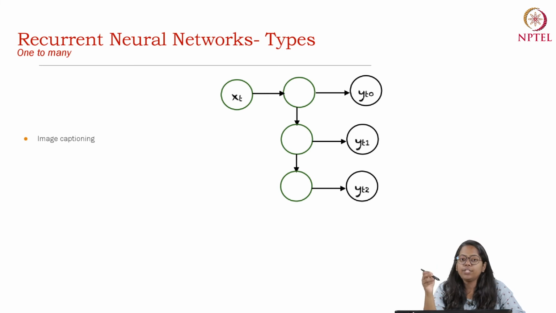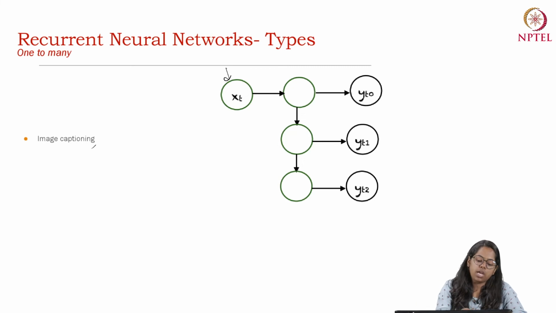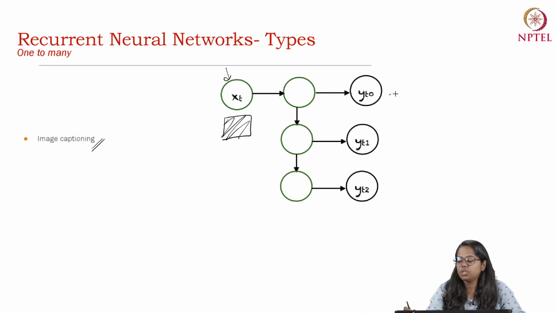Then we have one-to-many RNN. That is, the input is a single object, but we are to generate an output with multiple elements. For example, a task can be image captioning. So an image is our single input, but we want to generate a caption such that the word present at the t1 time step depends on the word that is being generated at the t0th time step, right?